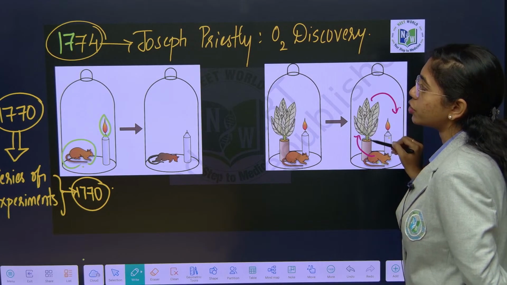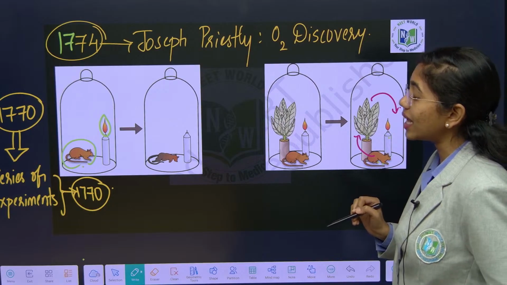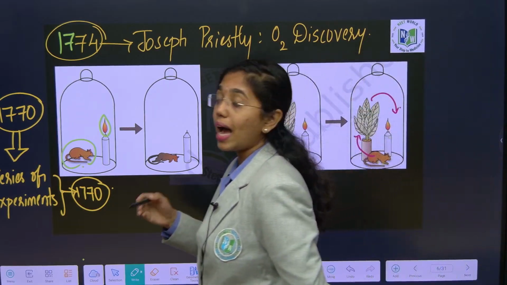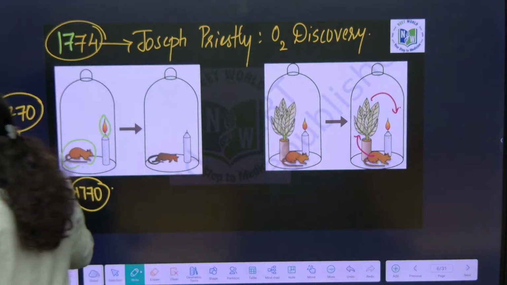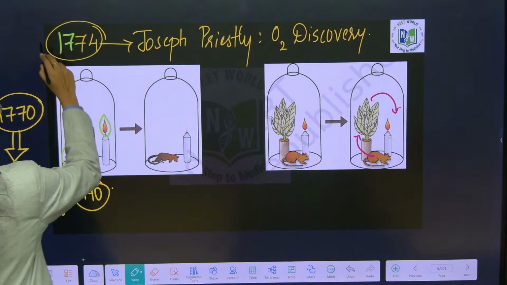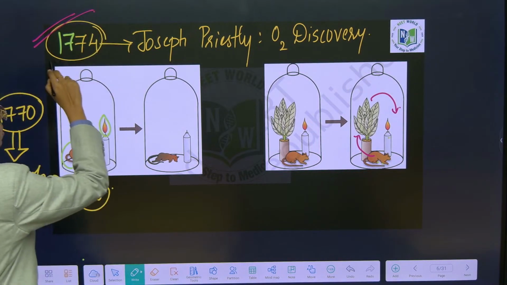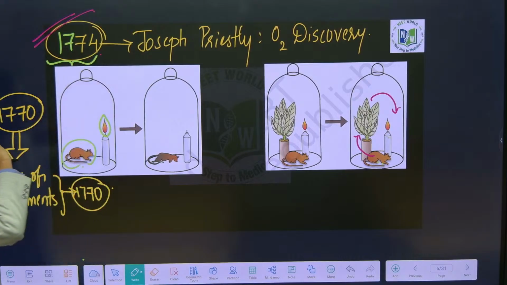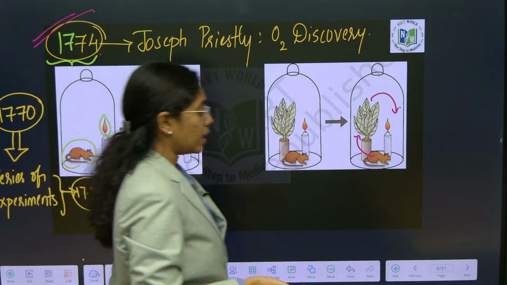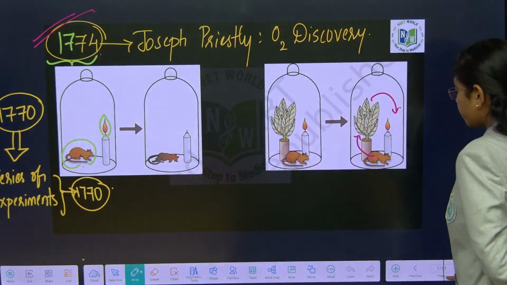This result made him discover oxygen in the year 1774.